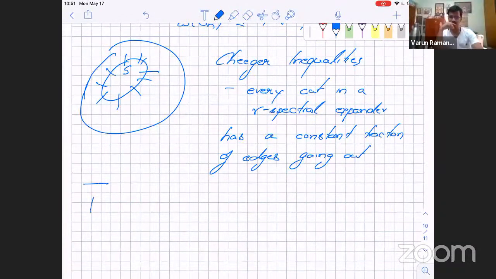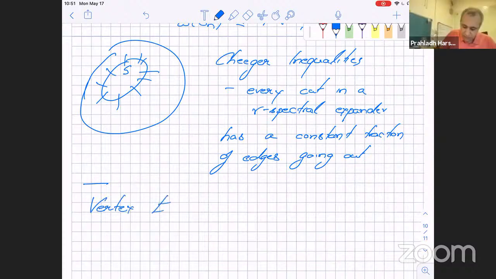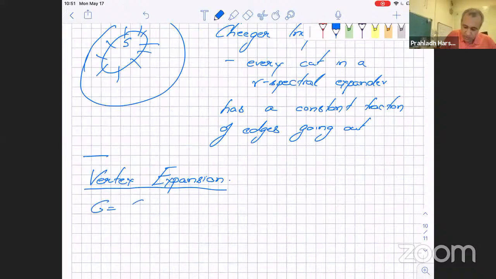So this is a combinatorial notion: vertex expansion. Let G equal (V, E). Once again, it's a d-regular graph. We'll work with only d-regular graphs while talking about this.